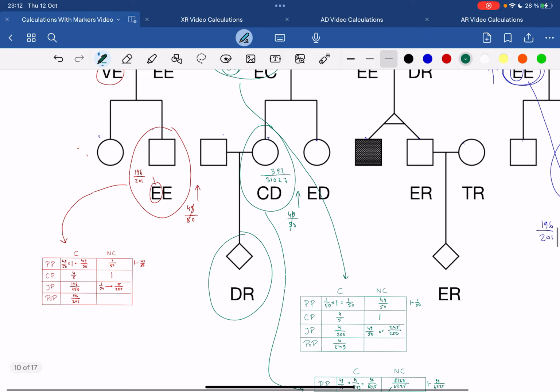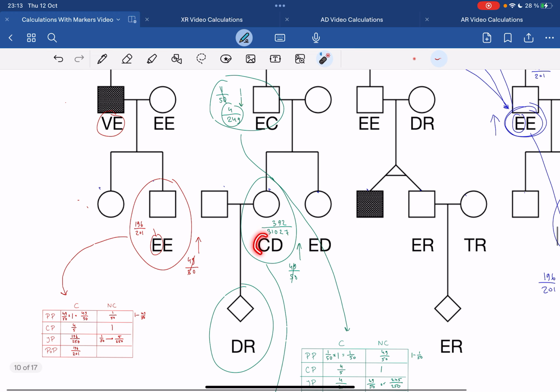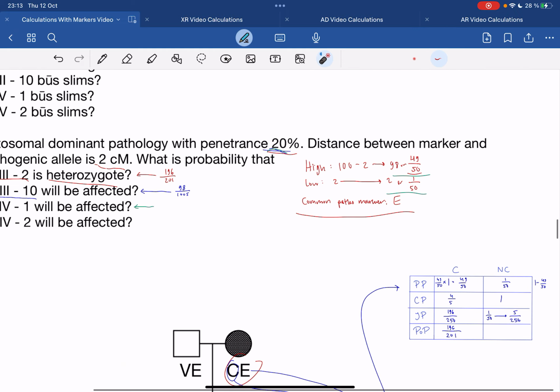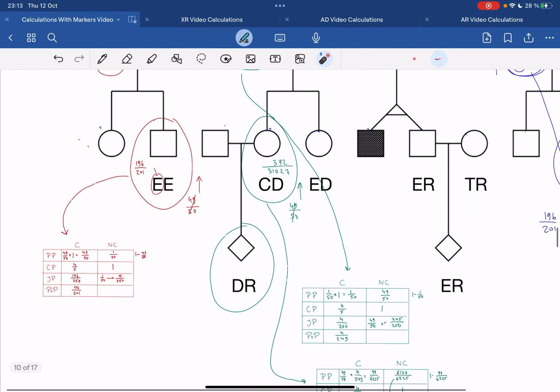Now we can come finally to the child, and we know that the D must have come from the parents. So now it's actually the C that we think is pathogenic, not the D. But this D could be an undercover C. However, that's a low chance, and our low chance isn't 49 over 50, it's 1 over 50.